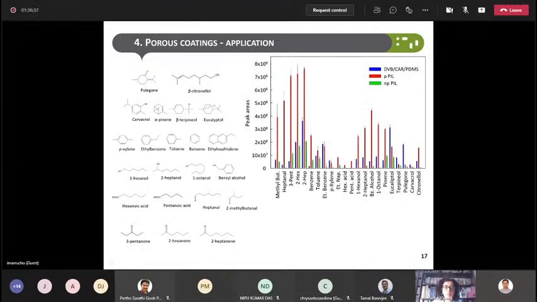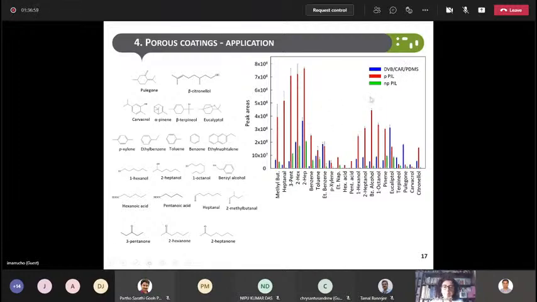Okay, so here we did a very complex matrix in the lab. Again, we use this commercial fiber that has just come out, and it's known to be especially good for everything because it has the activated carbon inside.